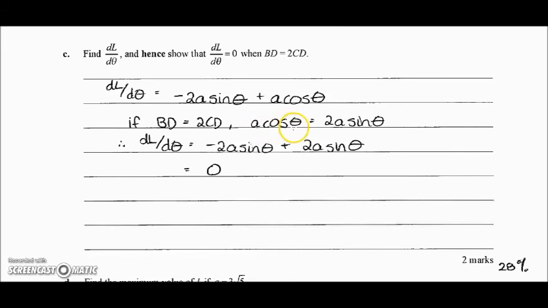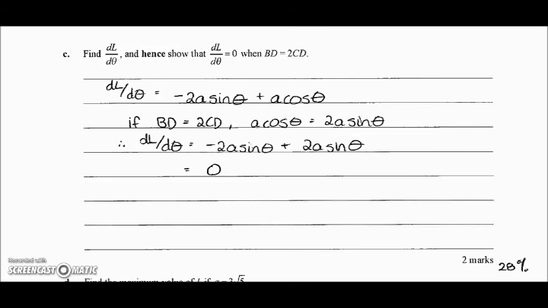So if I sub that in to here, instead of A cos theta, I'm going to write 2A sine theta. So dL d theta is negative 2A sine theta plus 2A sine theta, which is 0, which is what we wanted. So we've shown that dL d theta is equal to 0 if BD is equal to 2CD.